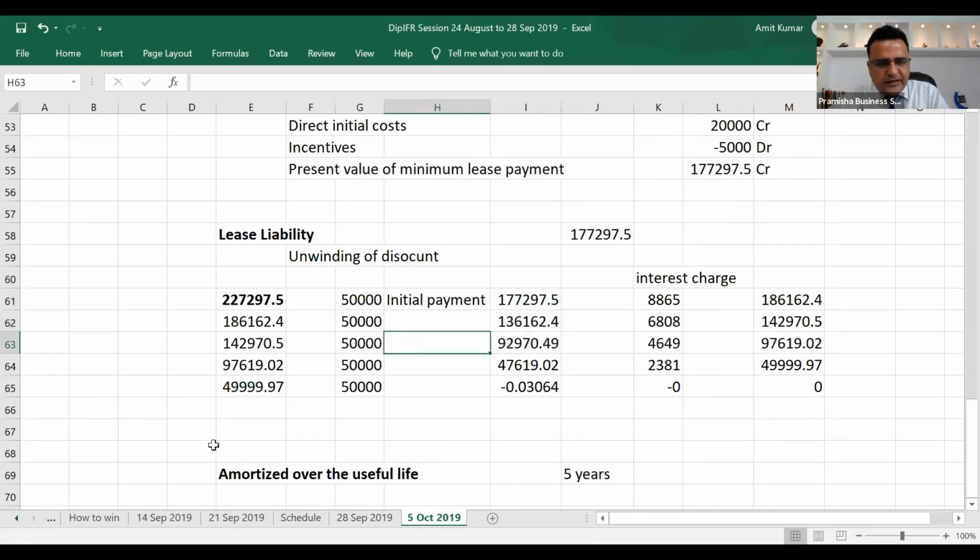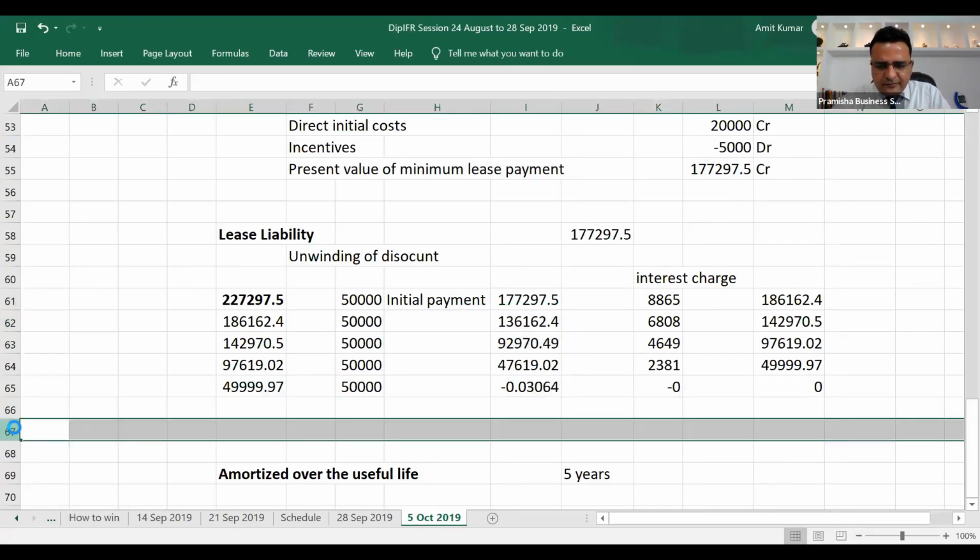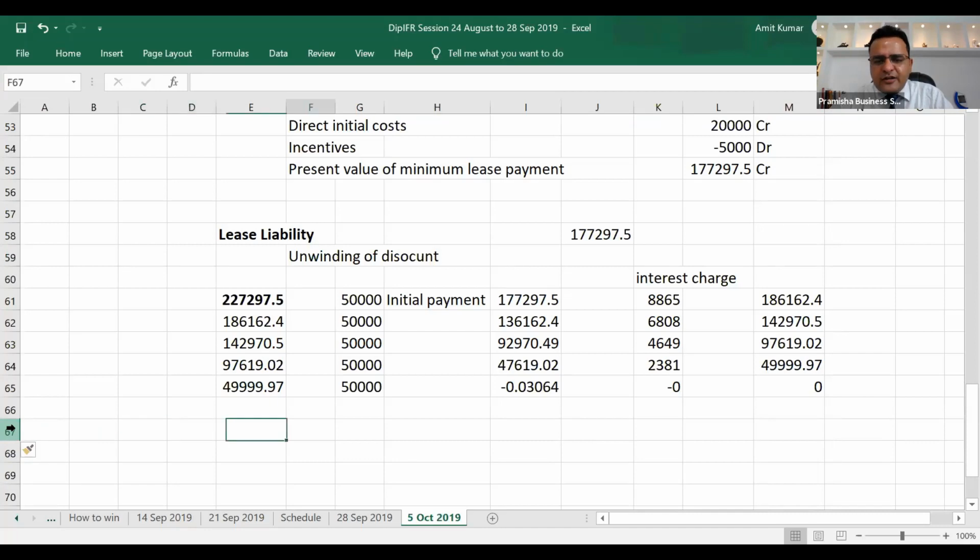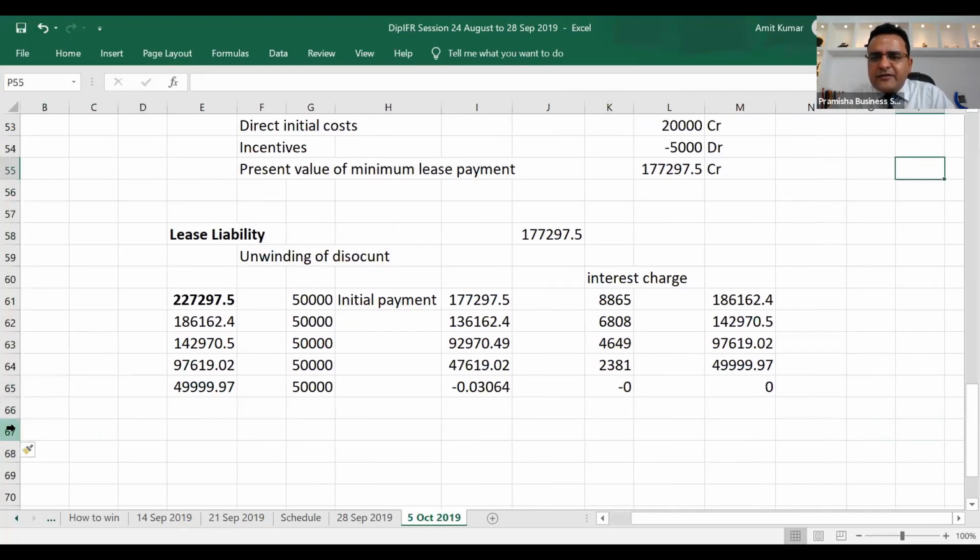If I begin calculation from 177, on it there will be interest charge for the year, because this is the amount which is included in the balance sheet without interest, discounted to present value, the value today. But at the end of 1 year, this will be subject to interest charge of 5%. So if I take this amount of 177, if I do not include this 50,000 initial payment, which is already made at the initial inception, but the total liability is 227.